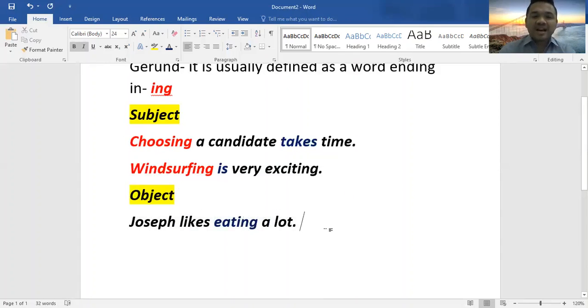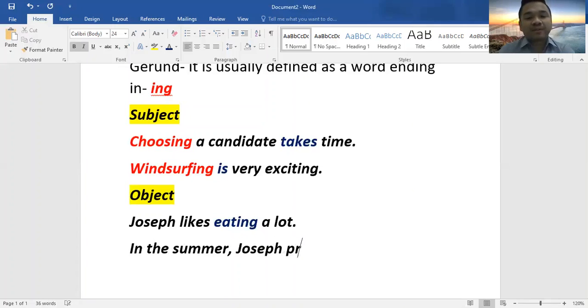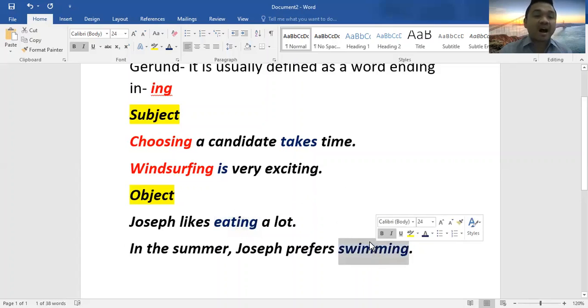Okay. Next example: in the summer, Joseph prefers swimming. So what is the gerund of this sentence? Okay, swimming is the gerund here. Now, both gerunds here function as an object.